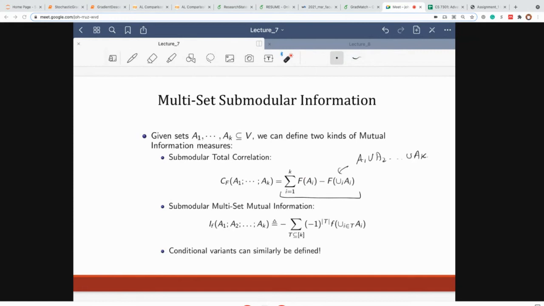The other one is the multi-set mutual information. This one is slightly more complicated, but you can think of it as an inclusion-exclusion kind of definition.